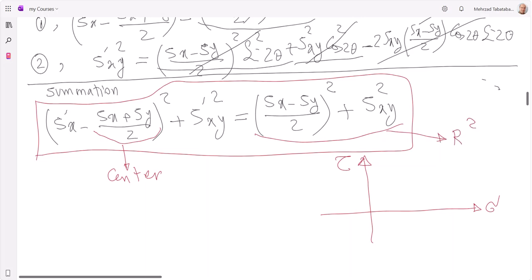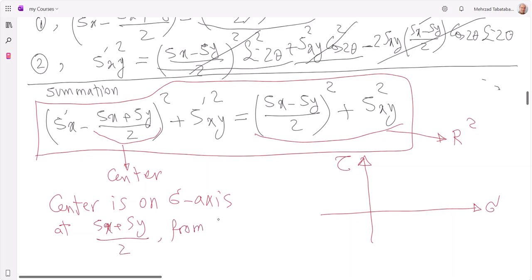In other words, the center is on the sigma axis at (Sx plus Sy) divided by 2, which is the average of the normal stresses from the origin. From this origin you get a point C, and this is the center of a circle.